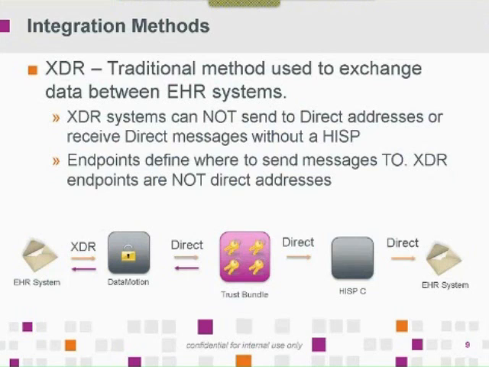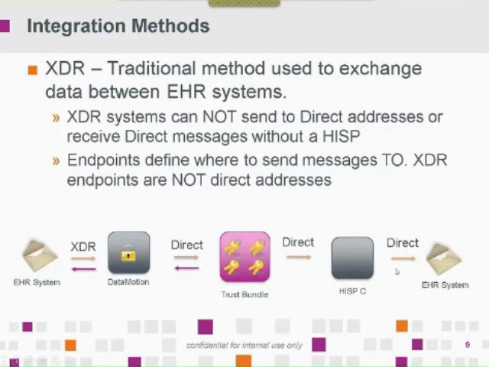In the use case we see below, HISP-C is a regular, everyday direct user, and DataMotion has a customer that is an EHR system using XDR. In this workflow, from left to right, somebody sends a message via XDR, DataMotion processes it, and we use direct to send it to its recipient.